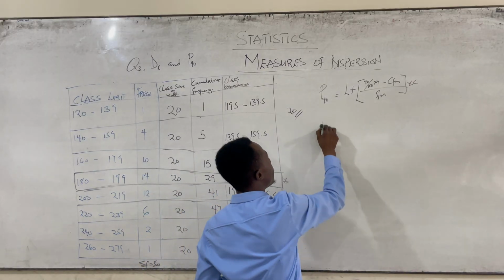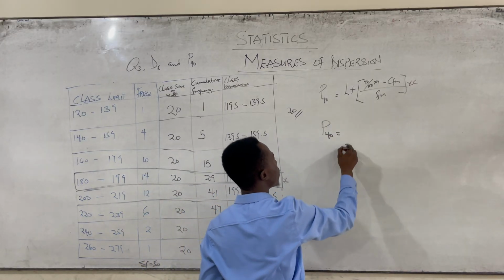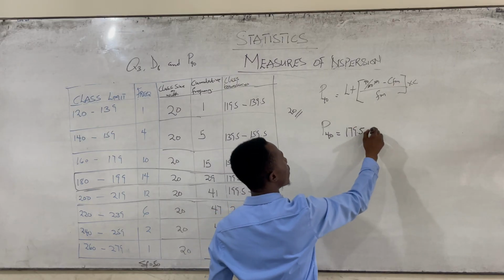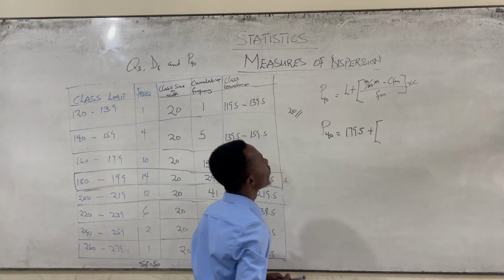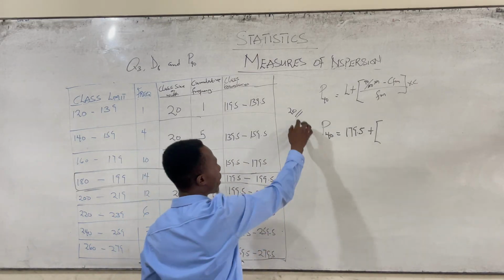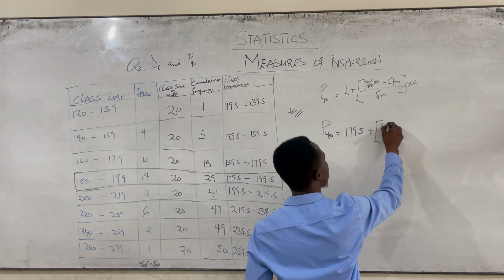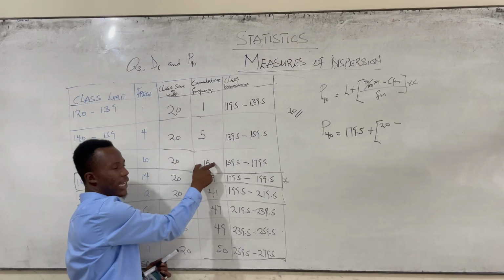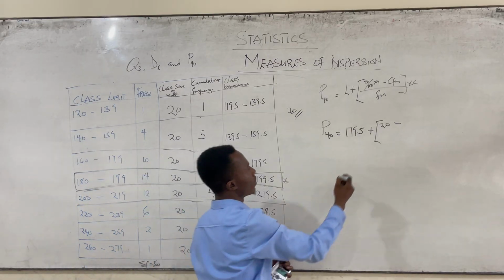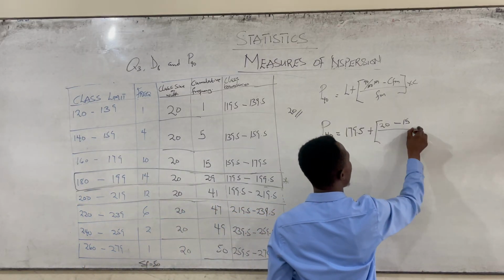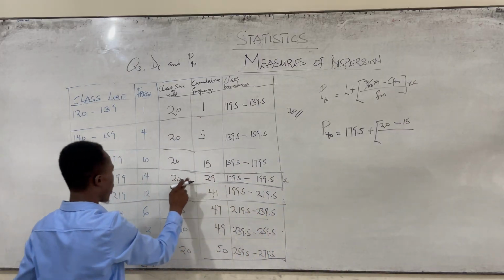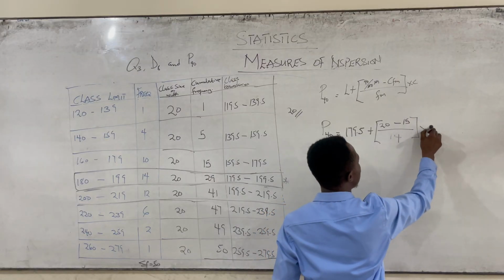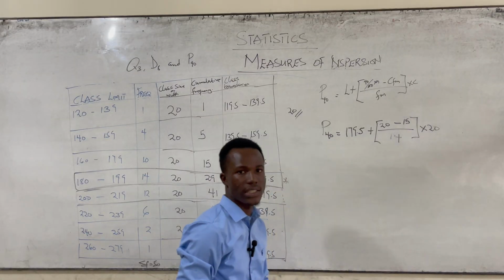So P40 equals 179.5 plus 40 over 100 times N, which is 20, minus the cumulative frequency of the preceding class, which is 15, over the frequency of this particular class, which is 14, times the class size, 20.